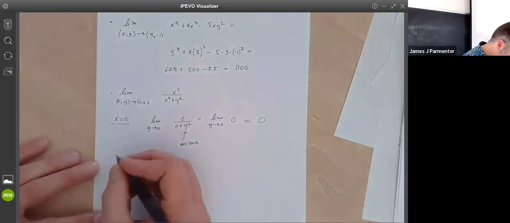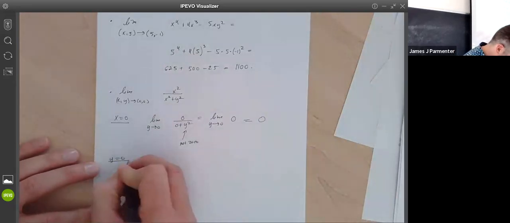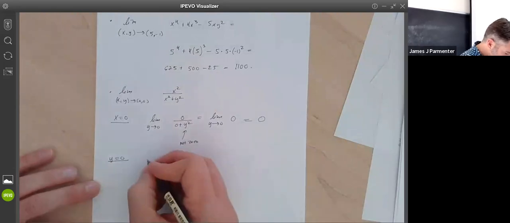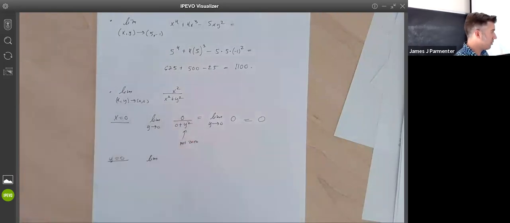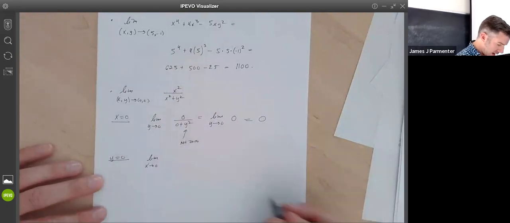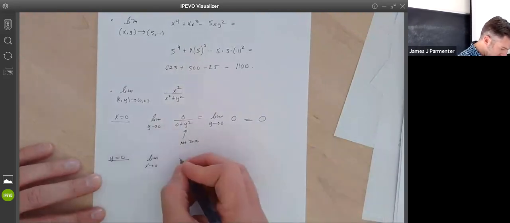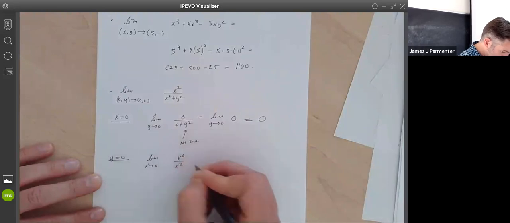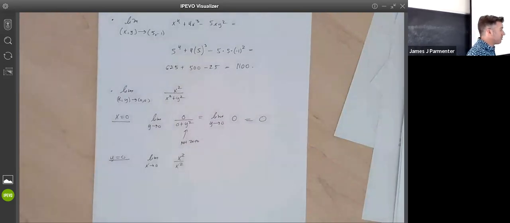But I think we're actually going to do something different if we let y equal 0. If we let y equal 0, we're going to have the limit as, well, we're done with y, so we're just going to talk about x getting close to 0 now. And if y is 0, we're going to have x squared over x squared, which again is a 0 over 0 type. But what's x squared divided by x squared? Right.